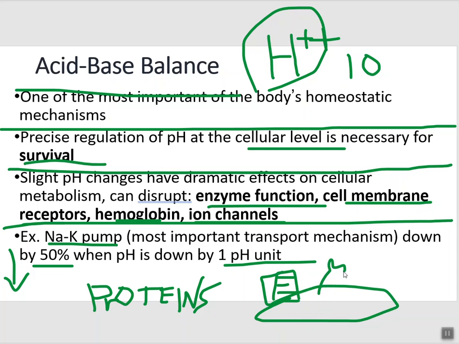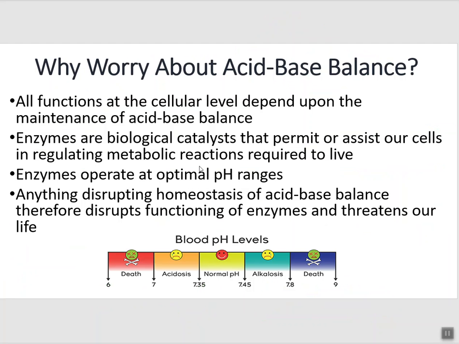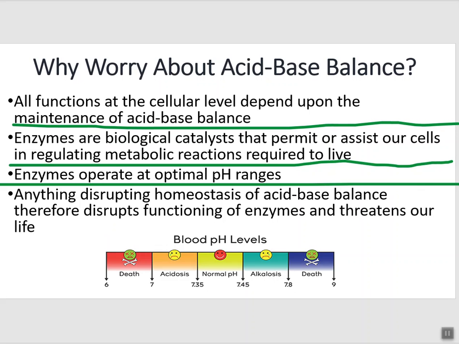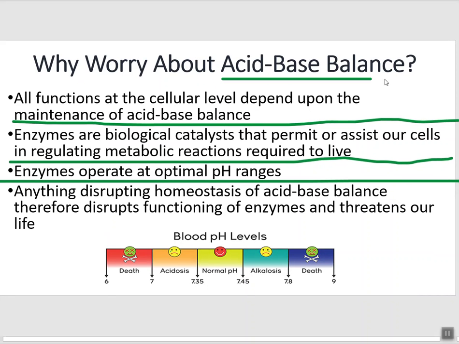You draw a lily there. That's what's going to happen. So we know why we've got to be concerned about this. A great number of our ICU beds are taken up by people with erratic electrolyte imbalance and acid base problems.